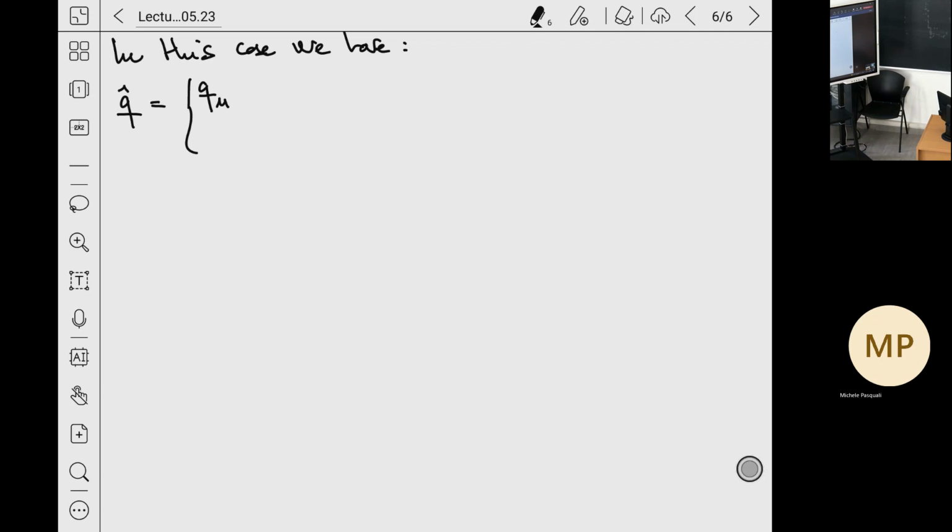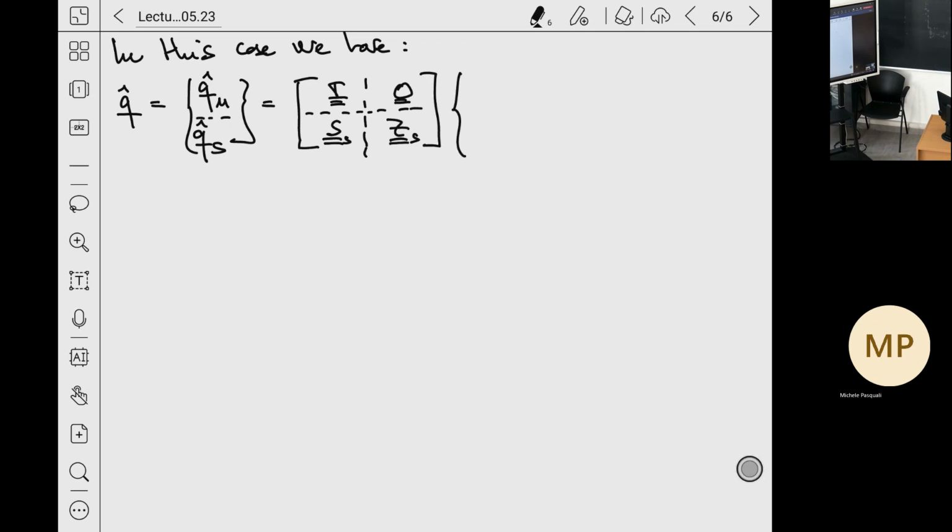The master, of course, is always equal to the master. But then we have two components, because here we have 0, here we have S, and here we have ZS, as a multiplication to what?